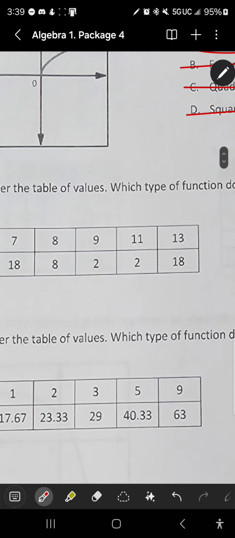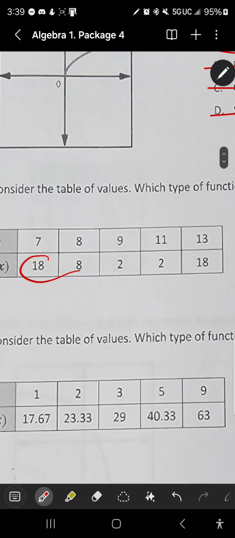They are the same. So this is not linear, since the slope is going to vary between the variables. But I see this repeated with this one and this repeated with this one, which sounds kind of quadratic to me.